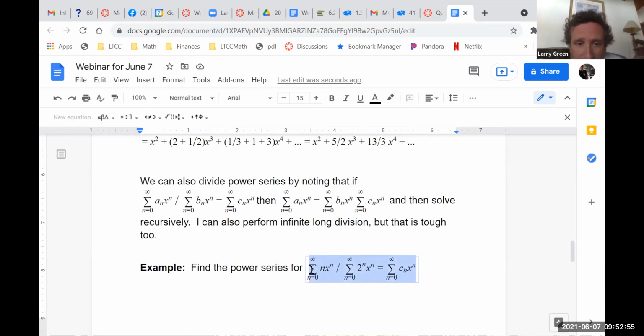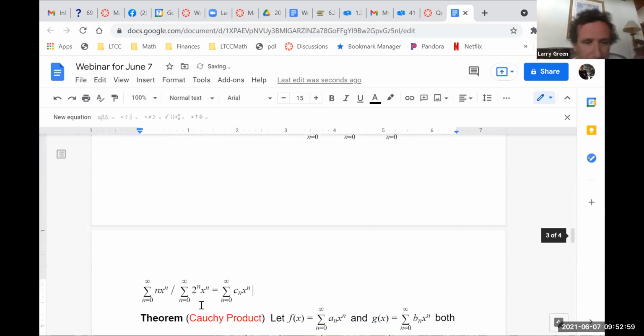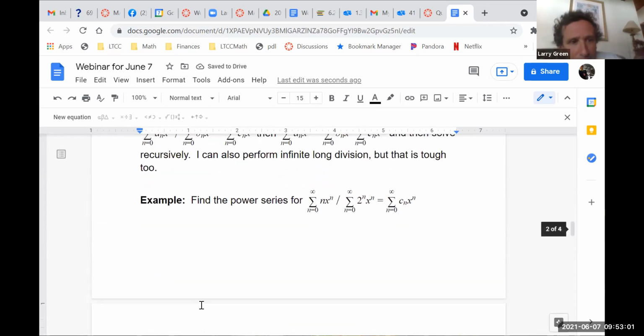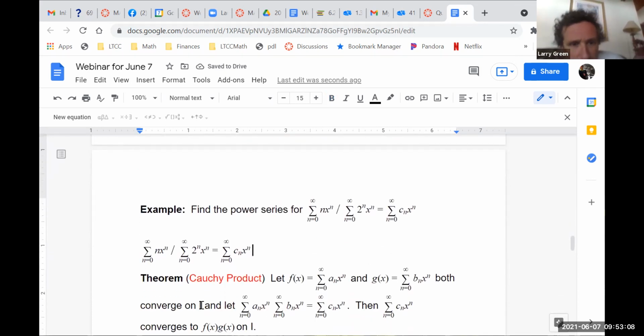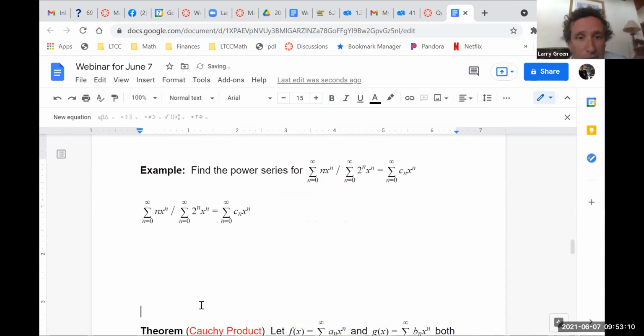Then what I can do is multiply by the denominator. So let's do that. I can multiply on both sides, like so.